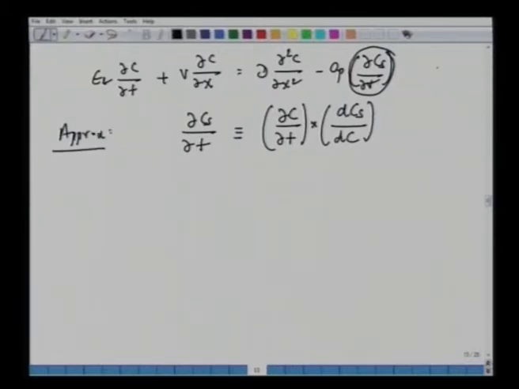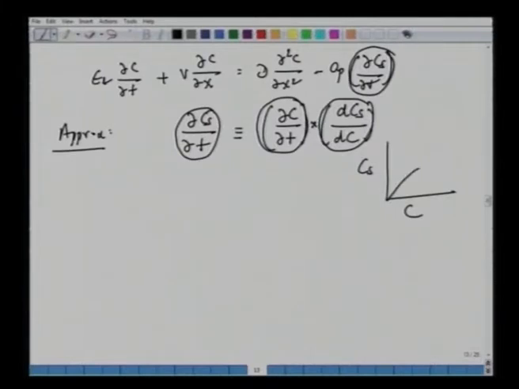Otherwise one will have to solve with the previous expression which we wrote, but the simplest common assumption is that del Cs by del t, the rate of change of the solid phase concentration, equals del C by del t multiplied by dCs over dC. Mathematically, notice this term dCs by dC is nothing but the slope of this isotherm. So this is equal to m.